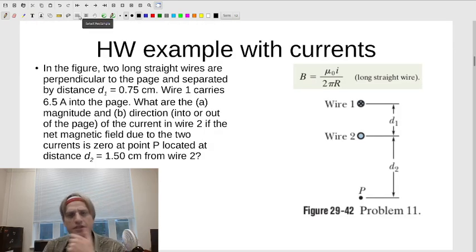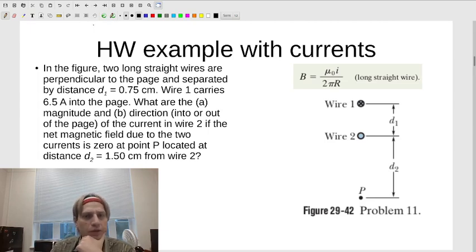Okay, let's look at another example with a homework example from currents. It says, in this figure, two long straight wires are perpendicular to the page and separated by a distance D1 equals 0.75 centimeters. So this would be 0.0075 meters. It says wire 1 carries 6.5 amps into the page. So I1 equals 6.5 amps.